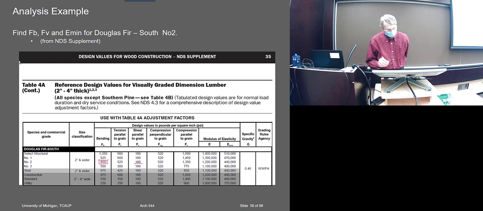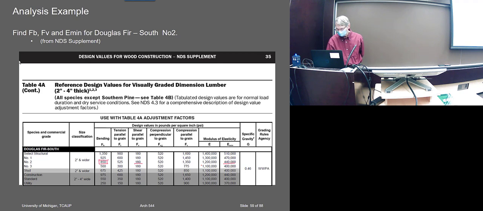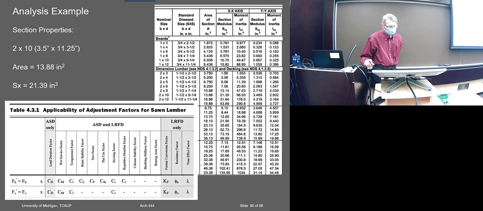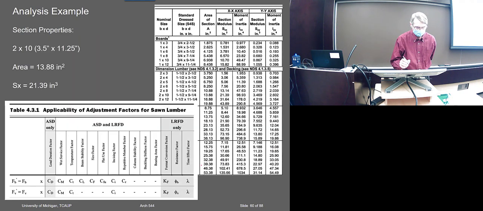Okay, other numbers we'll probably need, if we calculate CL, I think we'll need some of these numbers here too. For a 2 by 10, we've got the area of 13.88, and the section modulus of 21.39.